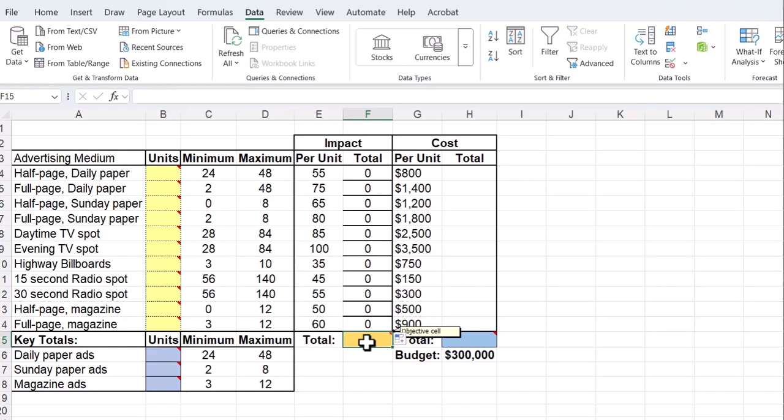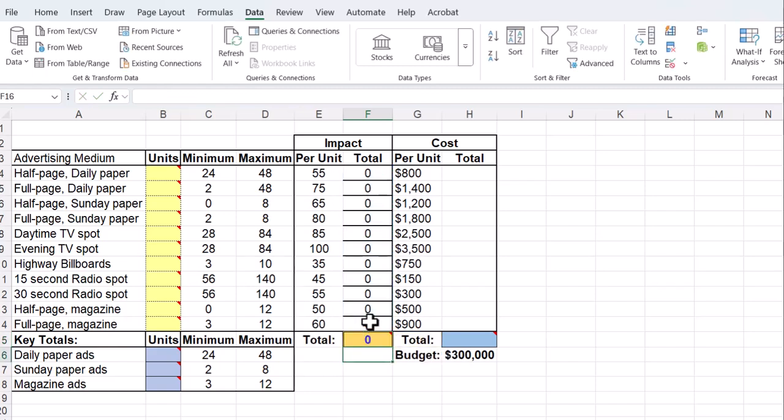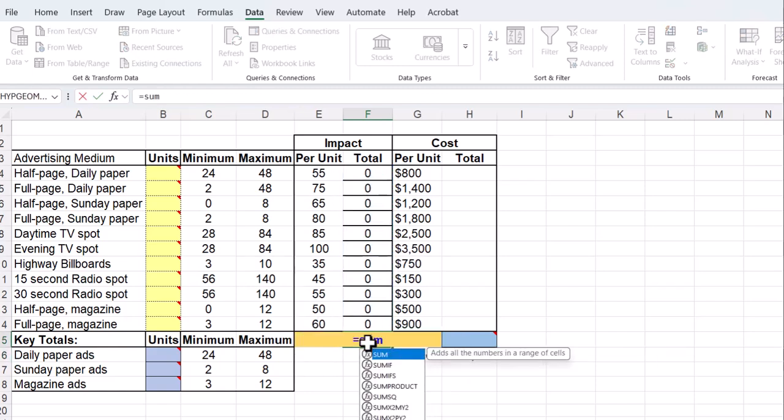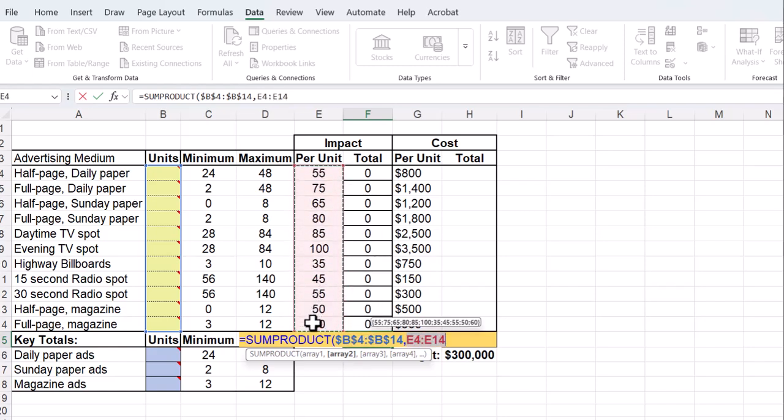I have to have a formula, and I can do this either with just a sum of all of these, or I could use a SUMPRODUCT to say take B4 through B14 as a hard cell reference, and then comma, E4 through E14, which I'll make a hard cell reference as well.